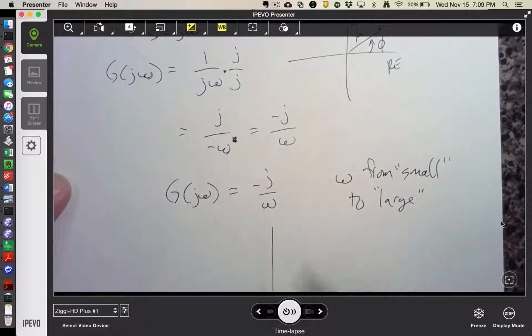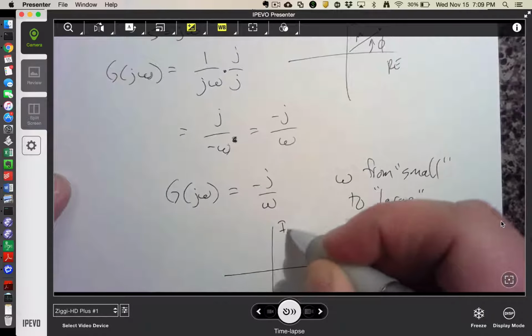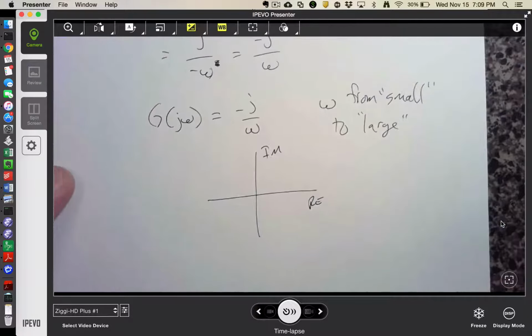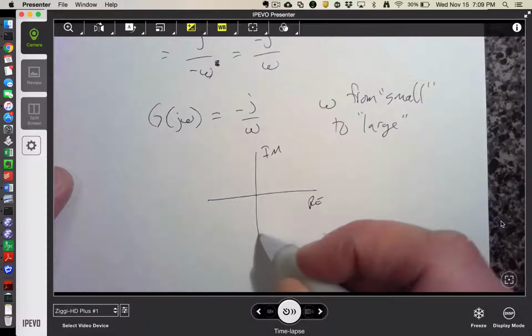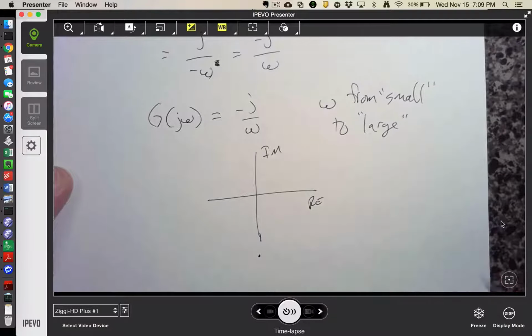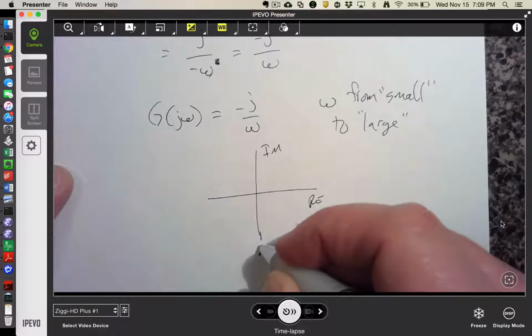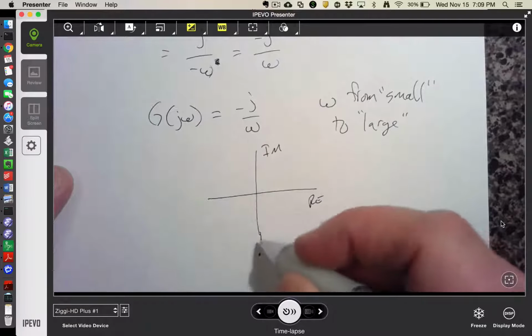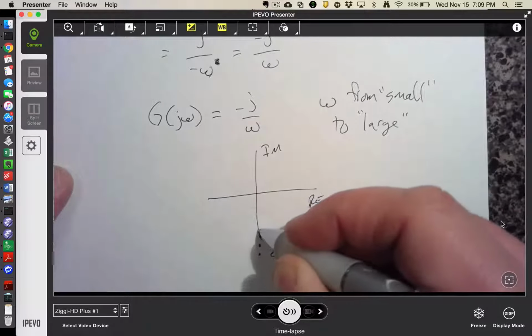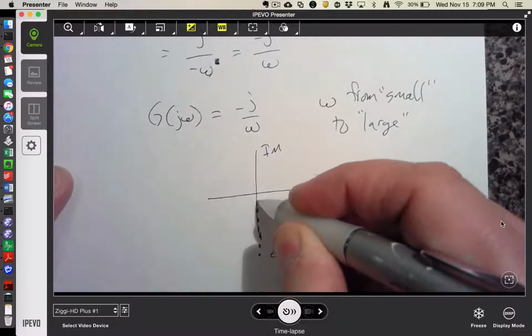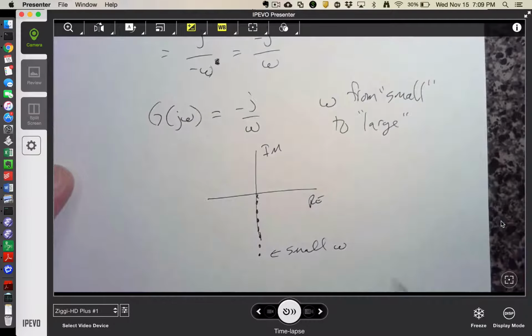But if we come back to this real versus imaginary plot, it's always purely imaginary, and it's always on the negative axis. So it's starting off somewhere far away, because it's got a large magnitude for small omega. And then as omega gets larger, we eventually walk our way up here.